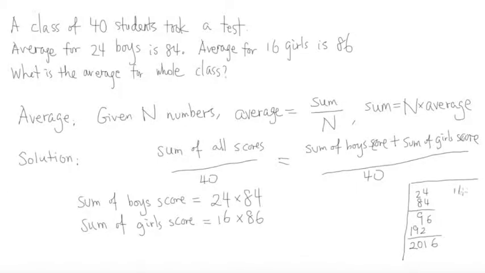And 16 times 86: 6 times 6 is 36, plus 1 times 6 is 6, so 36 plus 60, 96. 6 plus 8 is 14, 4 plus 8 is 12. And we get 1376.